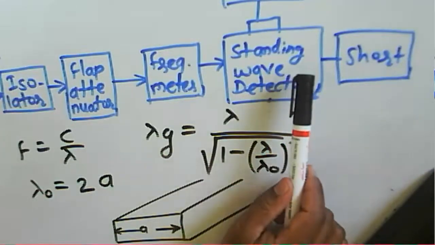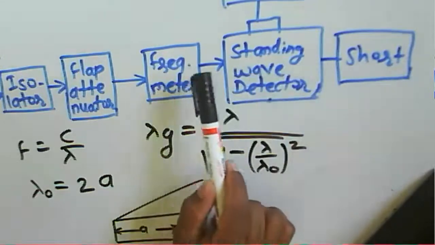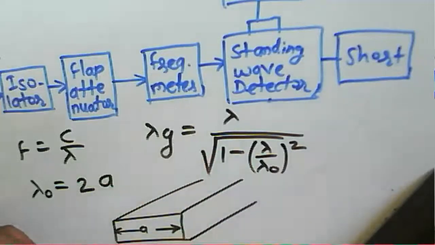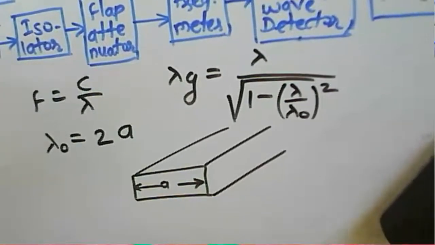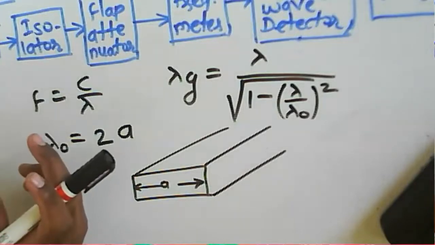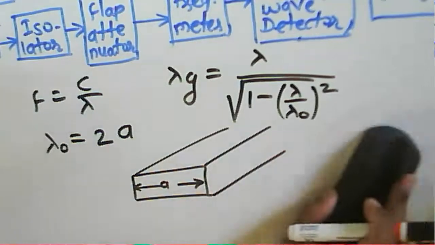We move the tunable probe toward the source, and we find consecutive minima. That particular minima is used to calculate the guide wavelength. So the guide wavelength is equal to what? Twice the minimum distance.